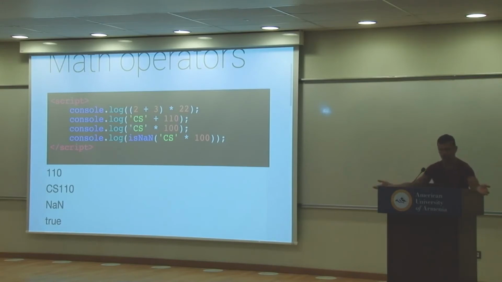You're not allowed to do that. You can't multiply something that's not a number. So the result of this can't be a number, right? Because it's an illegal operation. So the result is NaN, which stands for not a number. So the result of this basically is an error. Except instead of just stopping your application, it simply returns a value, which is NaN, not a number, right?